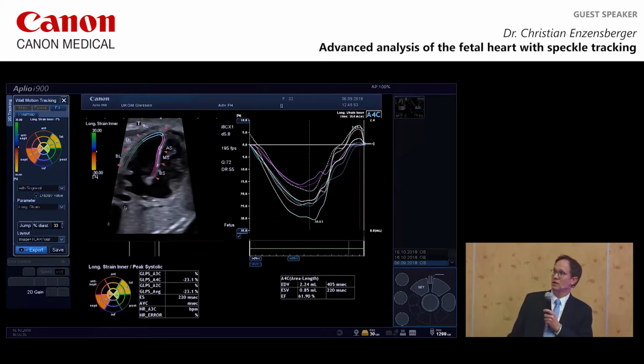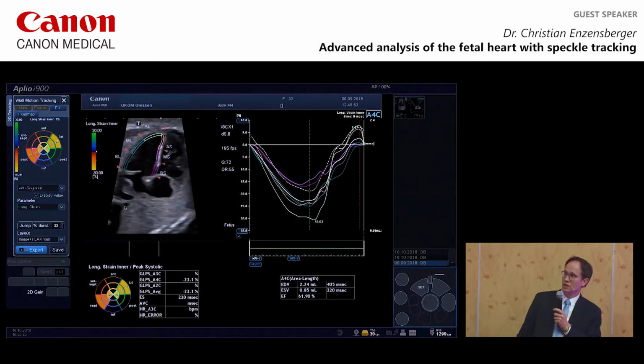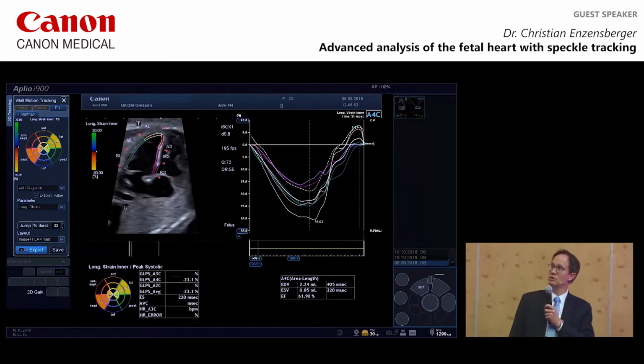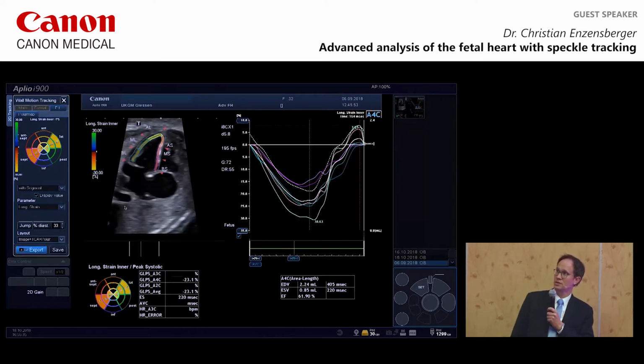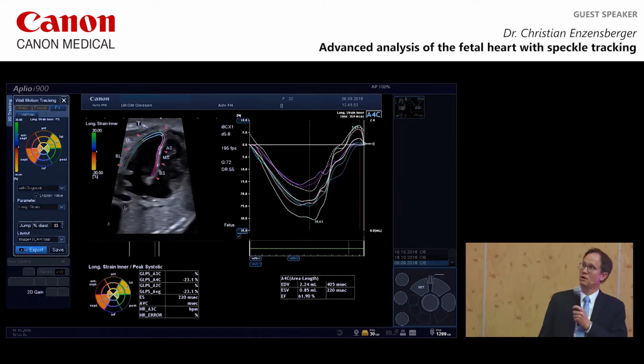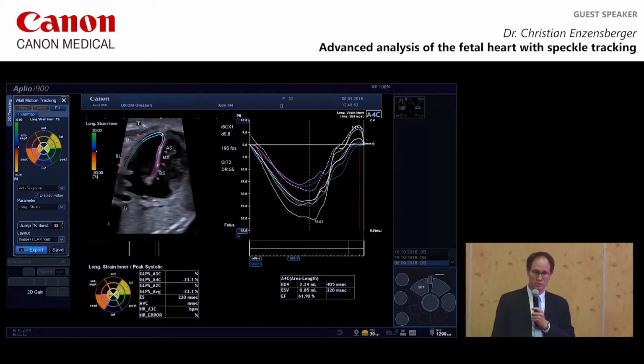So you can see here 23% global longitudinal peak systolic strain as an average, although there's this very interesting echogenic structure.